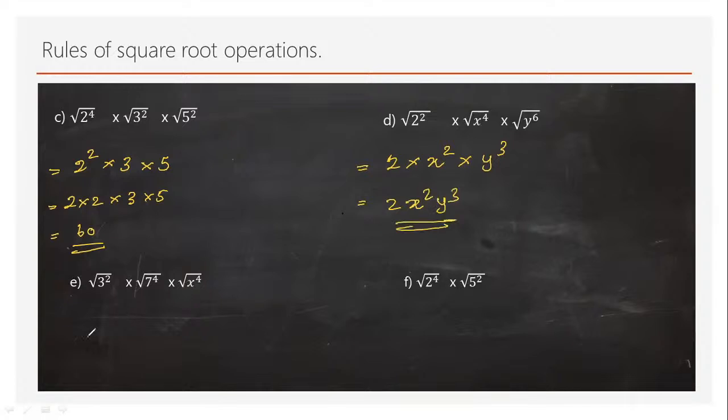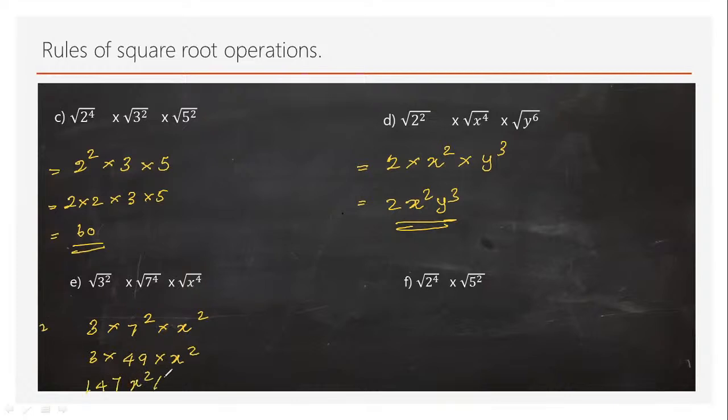Then here you can write 3 to the power 2, right? 3 to the power 2 is also an even power, then 3 into 7 to the power 4, 4 divided by 2, 7 to the power 2, x to the power 2. 3 into 49 into x squared. 3 times 9, 27, 2 remainder, 3 times 4, 12, 12 and 2, 14.